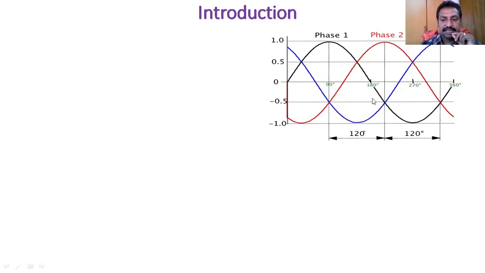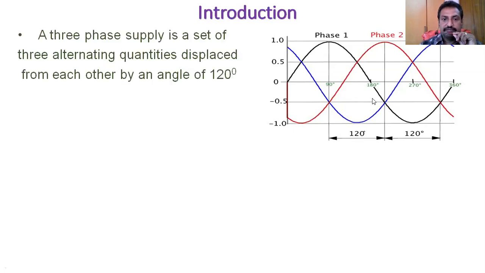The combination of these is a cycle, a single cycle with a magnitude with a frequency of 50 Hz, containing a single phase supply. Whereas a three phase supply will contain a set of three alternating quantities, but these three alternating quantities are displaced by 120 degrees phase displacement.